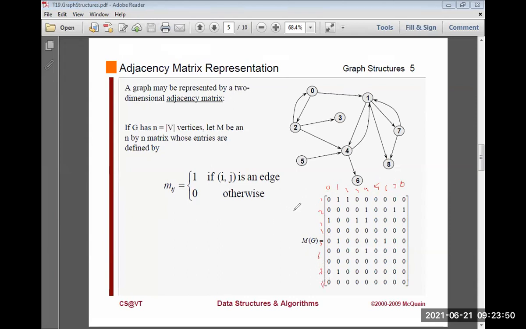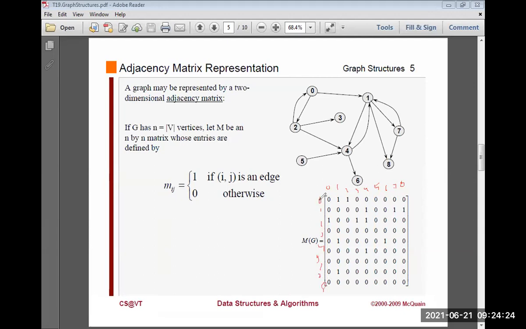So first you consider 0. 0, 1, 2, 3, 4, 5, 6, 7.